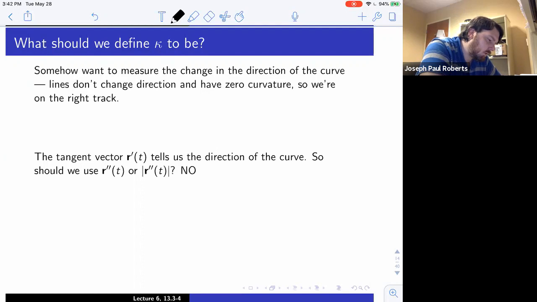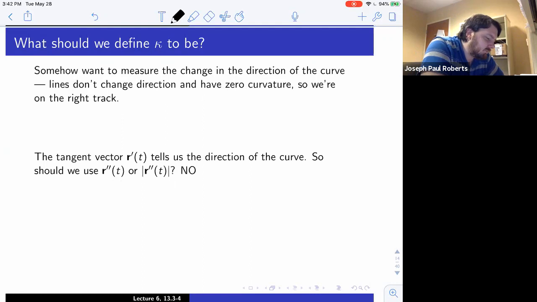So if we want to measure the change in direction, the first thing that comes to mind, change in r prime, should I just do r double prime, which is still a vector? We already said we wanted curvature to be a scalar. So should I take curvature to be the length of r double prime?